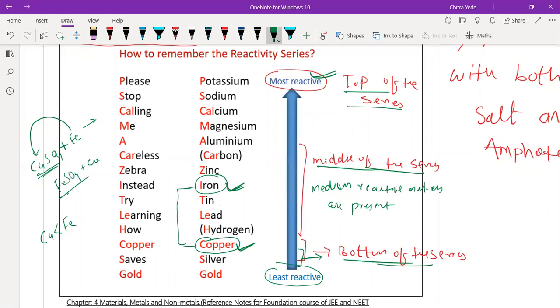So the products will be FeSO4 and copper. Why is copper separated out? Because it is less reactive. That's why we can decide which metal will displace which metal, as the less reactive metal is displaced by the more reactive metal.